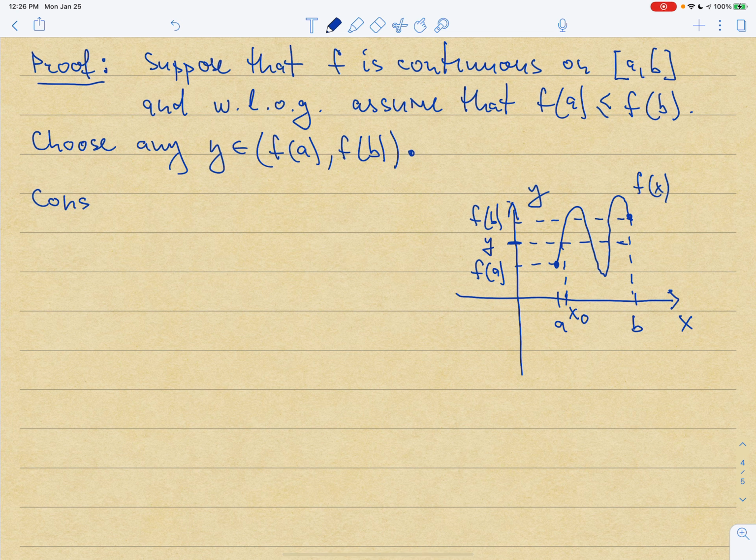So construct the set, let's call it capital S, that I'm going to define in the following way.